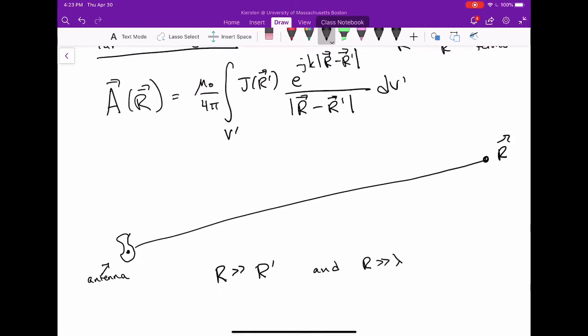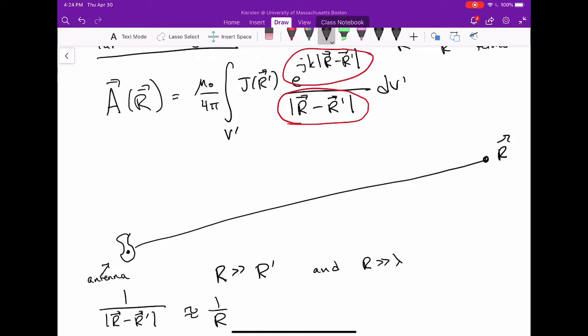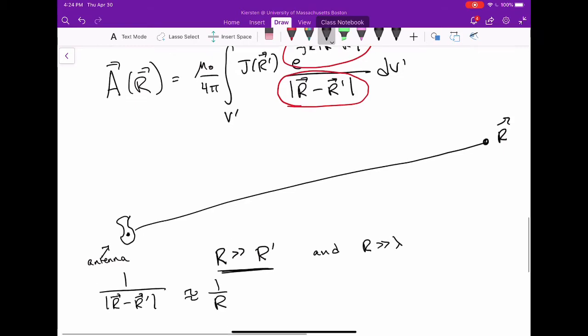Under these conditions, we can do 2 separate approximations for 2 terms in here. We're going to do one approximation for this R minus R prime magnitude term on the bottom, then we're going to do a different one for the one in the phase factor. On the bottom, we can say that 1 over magnitude of R minus R prime is approximately equal to 1 over R, because R prime is so much smaller than R. That's fine.